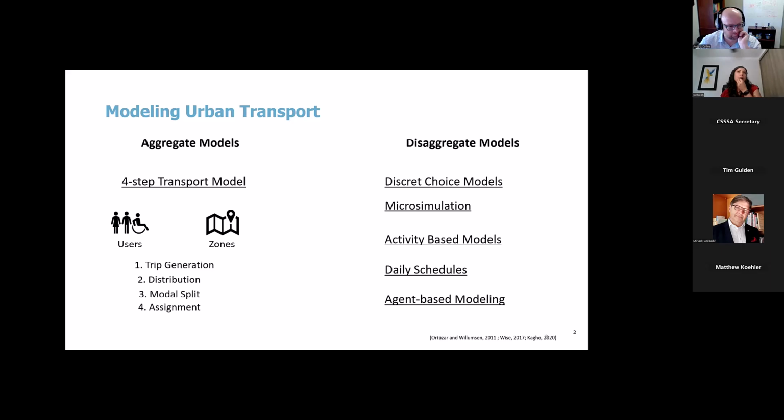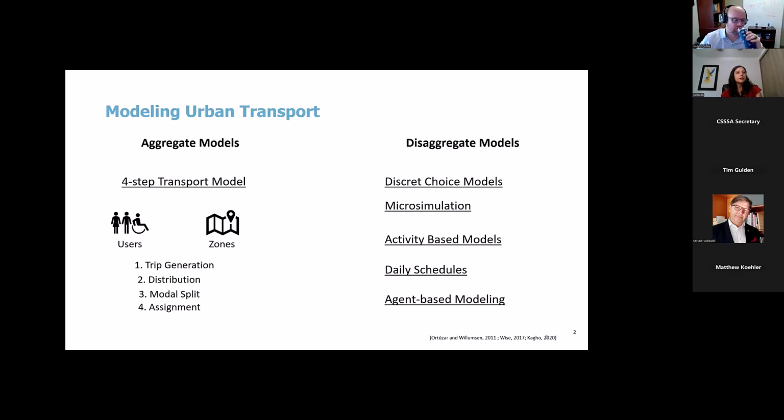So we have options like the discrete choice models, based on random utility theory, where users select from a set of alternatives. But these models have a problem because they lack interaction between individuals.